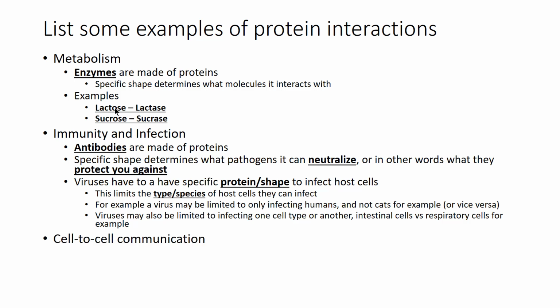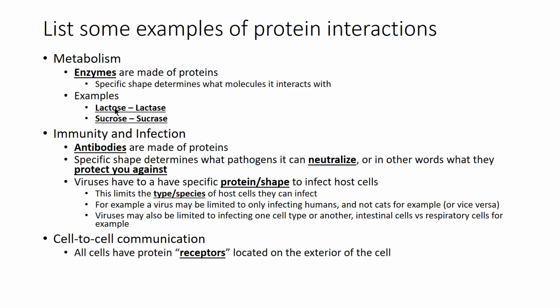Another example here is the way our cells communicate. So cell-to-cell communication is another aspect of protein function. All cells have what are referred to as protein receptors. This is usually part of the cell membrane. They're little, almost like studded structures that stick out from the cell with their own shape that very often act as a signal receptor.